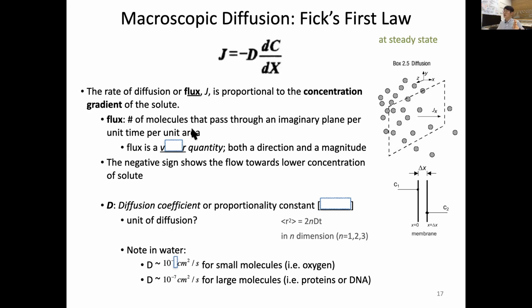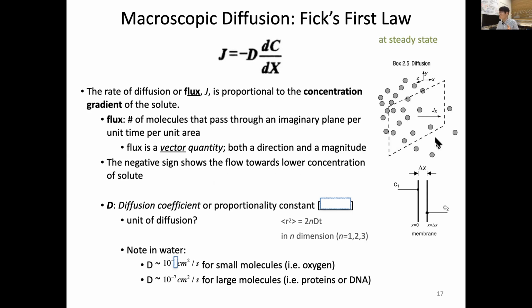However, thinking about this, depending on how we define the area, the flux might change. So the flux is in fact a vector quantity, having a direction and a magnitude. That's an important concept, and the sign indicates whether it is towards higher or lower concentration.